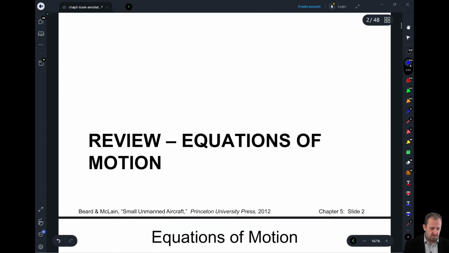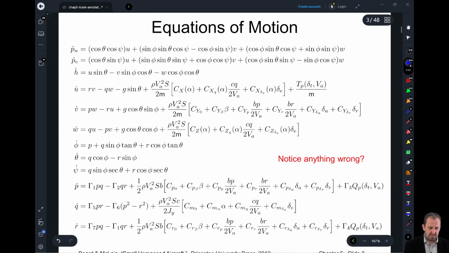So the first thing we do is we look at the equations of motion. These are the equations of motion that we presented in Chapters 3 and 4. However, we've combined like terms to make them simpler to write.